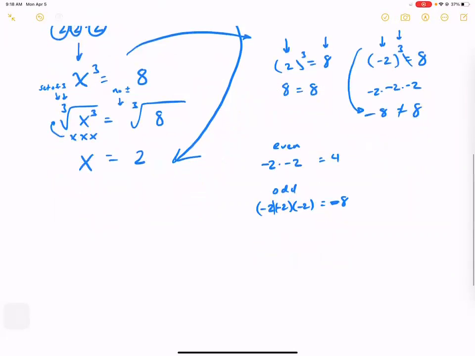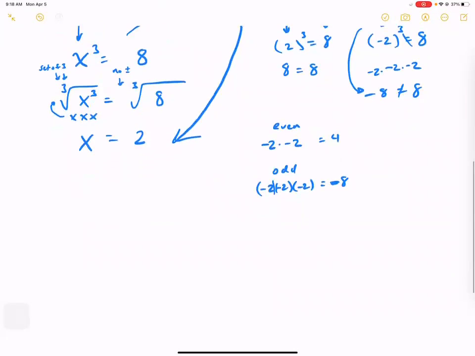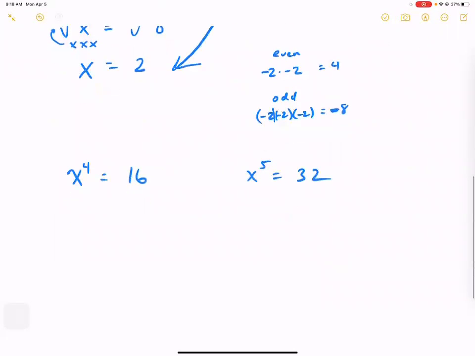So let me give you two examples real quick with bigger numbers. If I write x to the 4th is equal to 16, or x to the 5th is equal to 32. When we solve these separately, I'm going to give myself a 4th root here to cancel out with the 4th exponent.